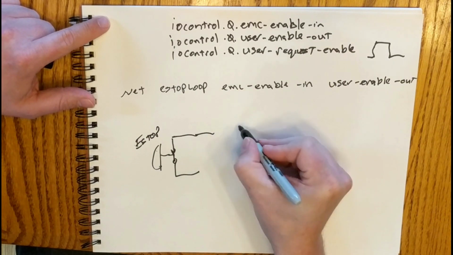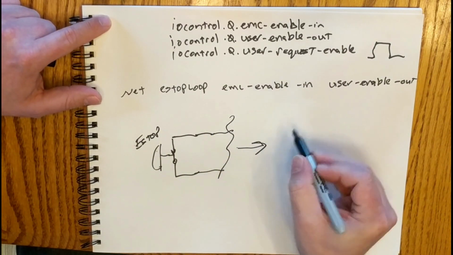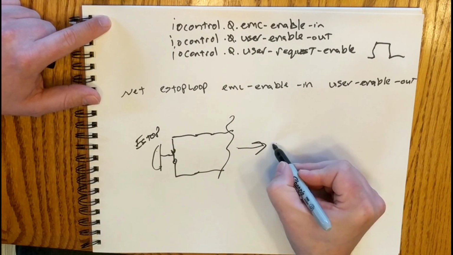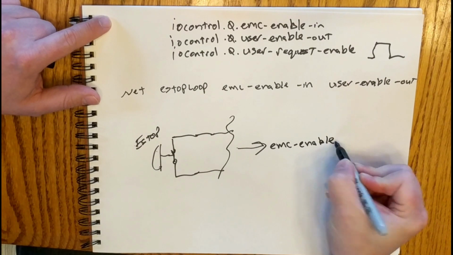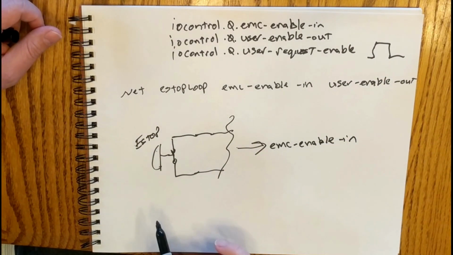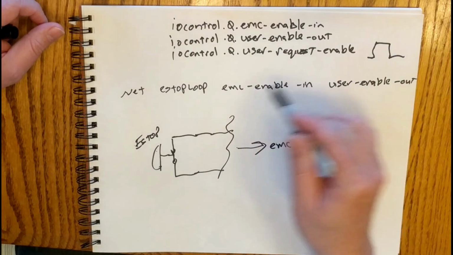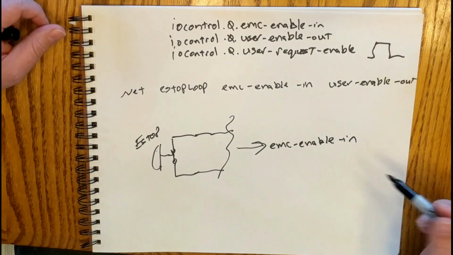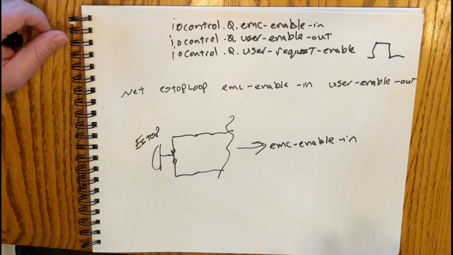And then you're going to hook it through whatever interface into Linuxcnc into the emc-enable-in. So now the GUI button doesn't work because we don't have this loop here. Only the estop that's external causes the GUI to know whether the estop is pushed or not.